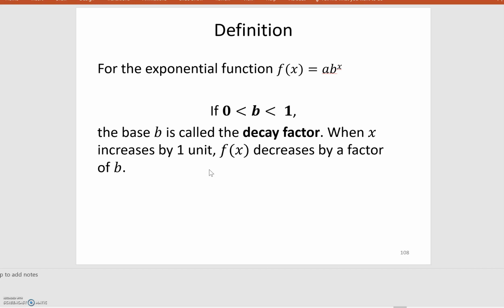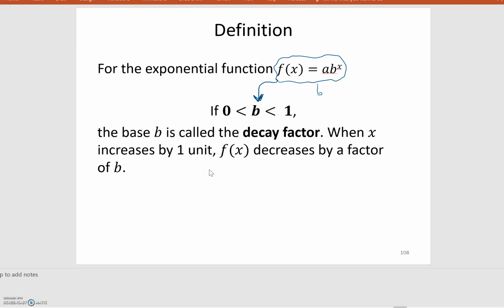Okay. So let's make this more formal and actually talk about what a decreasing exponential function looks like in terms of its function. And so we've got f of x equals a times b to the x, and that looks exactly the same as our other general exponential growth form. The only thing that makes it different is what we actually let the value b take on. So we're only going to let b be numbers between 0 and 1.